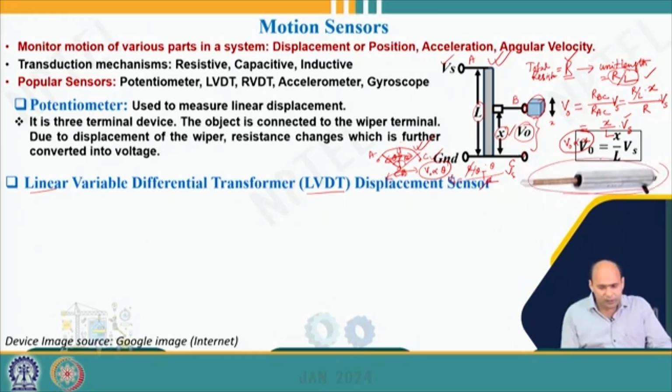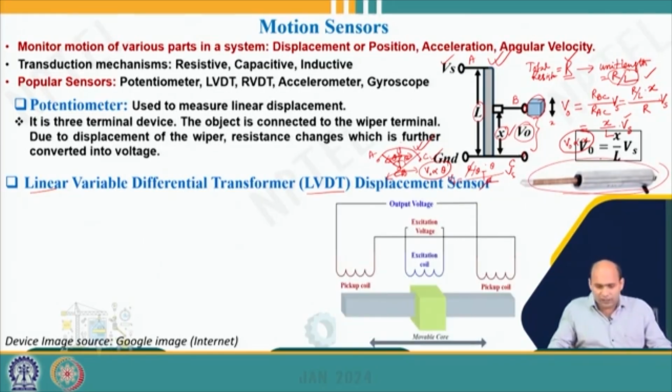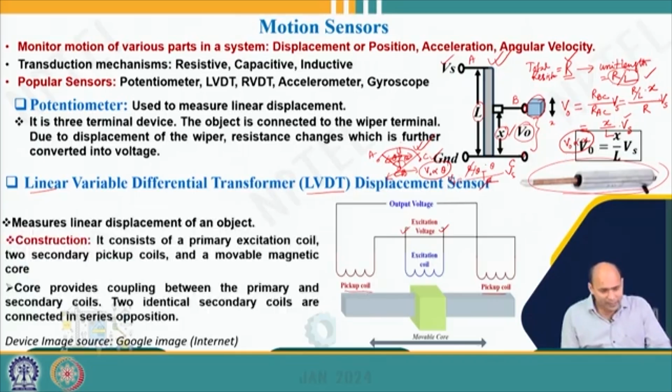Now let us go through how the typical construction of an LVDT looks. It typically consists of one primary coil and two secondary coils. Normally in a transformer we have one primary coil and one secondary coil, but in case of LVDT we have one primary excitation coil, that is this one, and here we have the two secondary coils. And obviously in between we have one core, and that core will be movable.